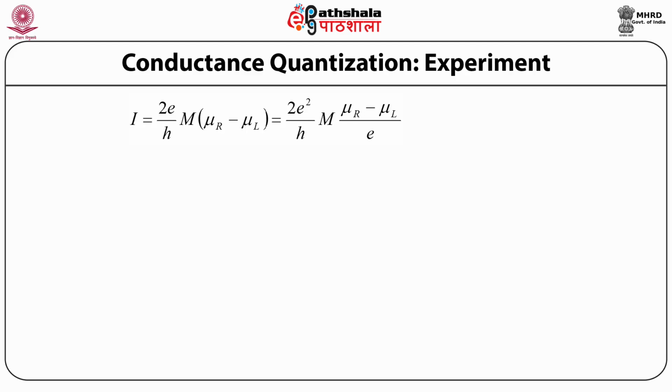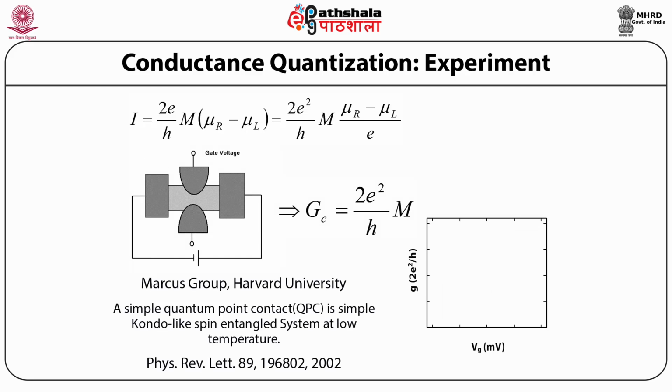Here mu_r and mu_l are the chemical potentials of the right and the left contacts respectively, as shown in this figure. Now Gc is equal to 2e squared by h multiplied by m.